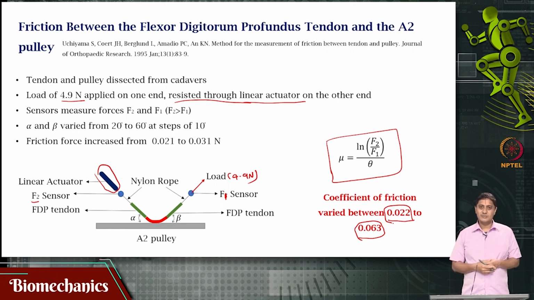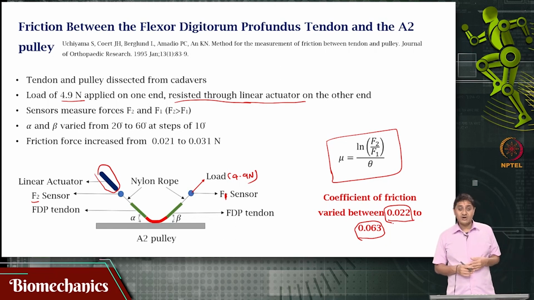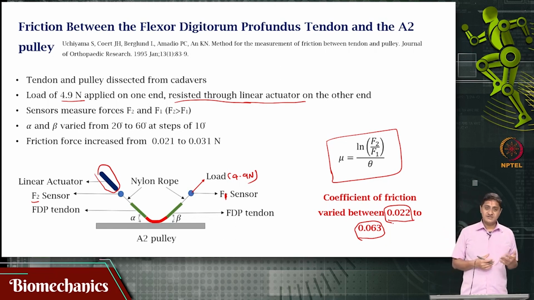So, it is not entirely unheard of when these kind of small coefficients of friction are presented in the biological system. This is one of the ways in which we could use the previous derivation or principles in our understanding of how tendon wrap around causes changes in friction and behavior, right.